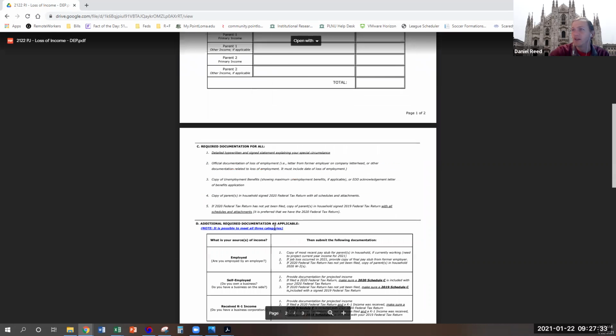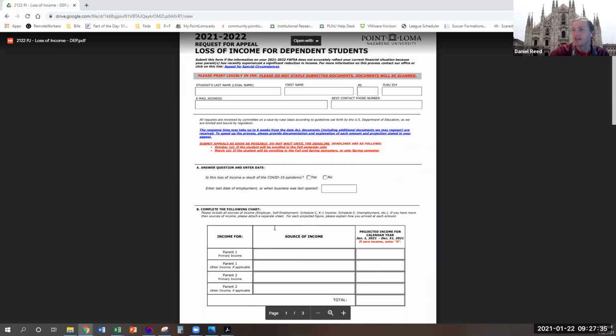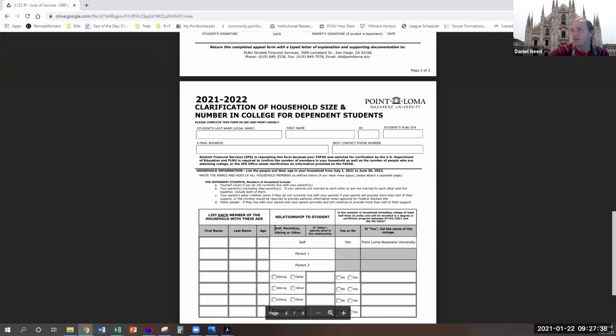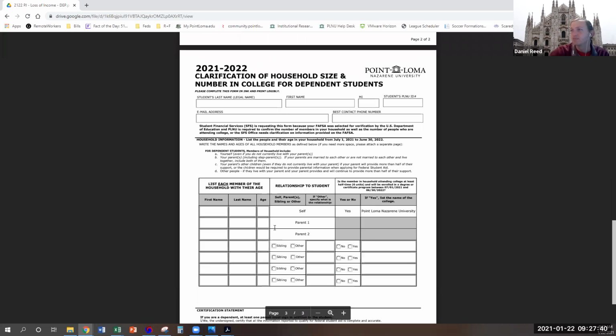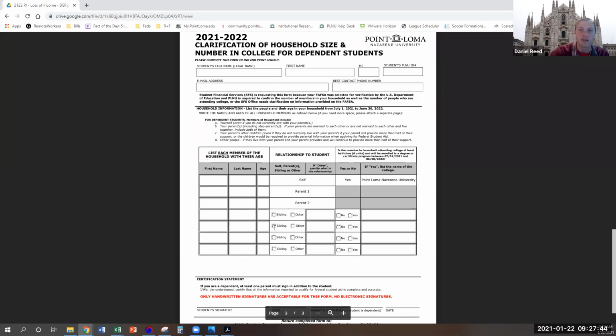Page 1 and 2 is the appeal form. Page 3 is the clarification of household size, which, even on that one, we've specified between the dependent version of this form and the independent version of this form to only reference the things that are needed.